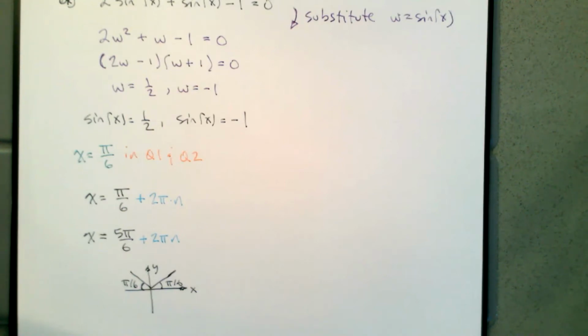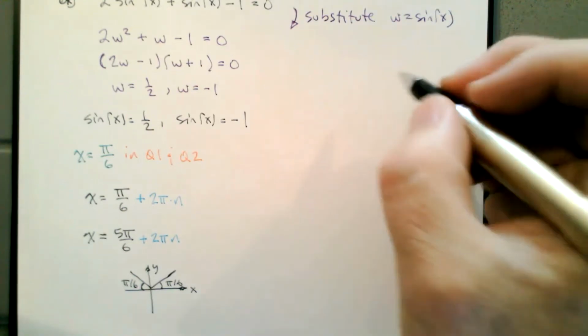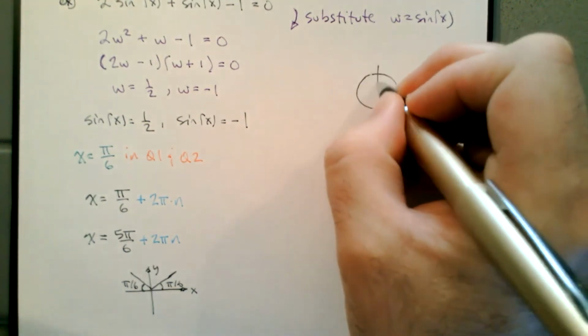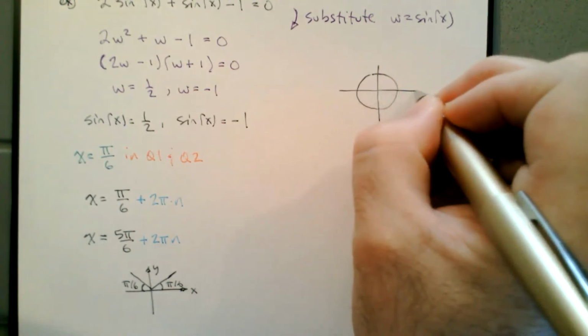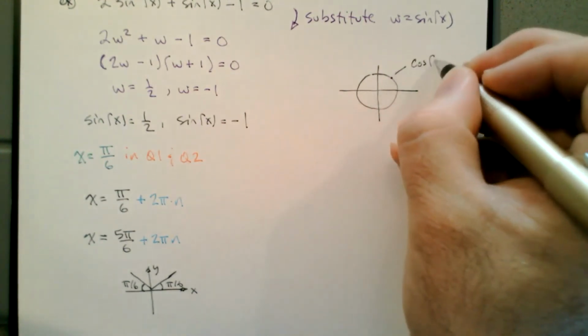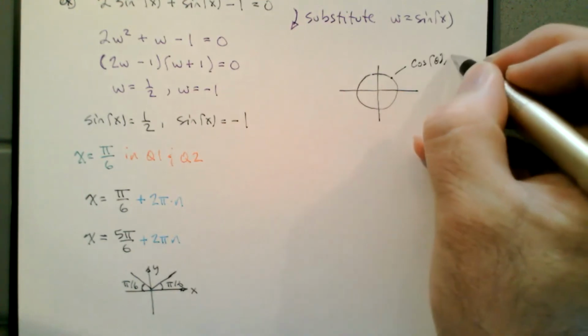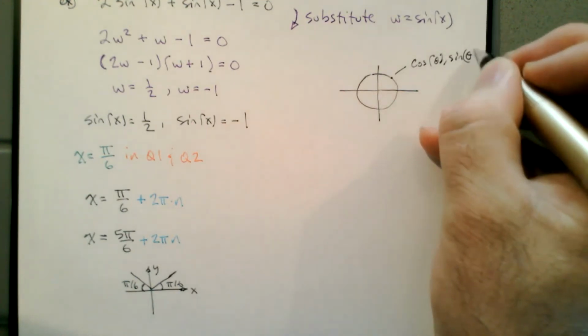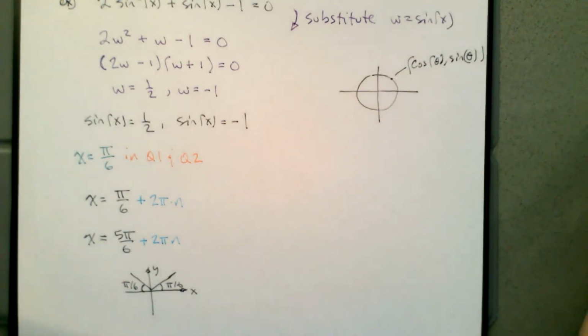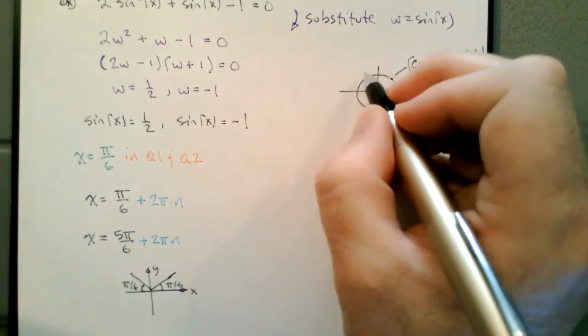Yes, that's one way of thinking about it. We could think about if we put things on the unit circle. Remember that every point on the unit circle, the coordinates are cosine theta and sine theta. So I'm looking for where the y coordinate is positive on the unit circle. That happens in quadrant 1 and quadrant 2.